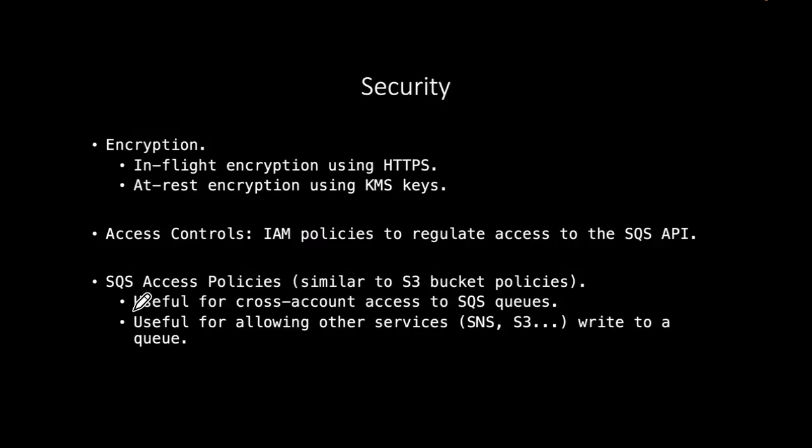And also where these access policies, as they're termed, SQS access policies, where these are important is like up to now, I've been giving the impression that it's only Lambdas that might be producers or consumers, but that's not the case.